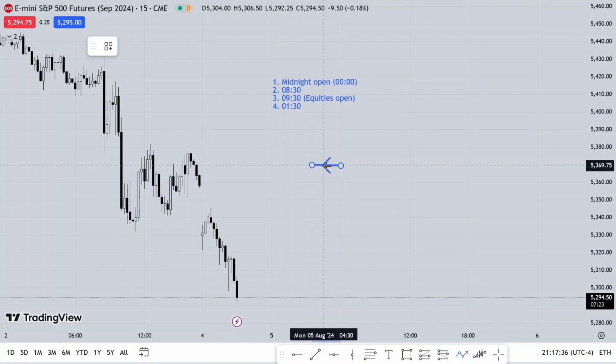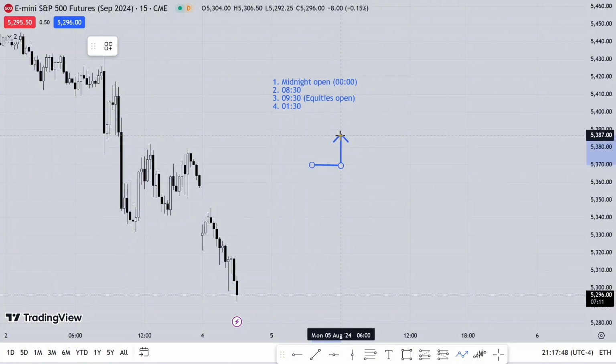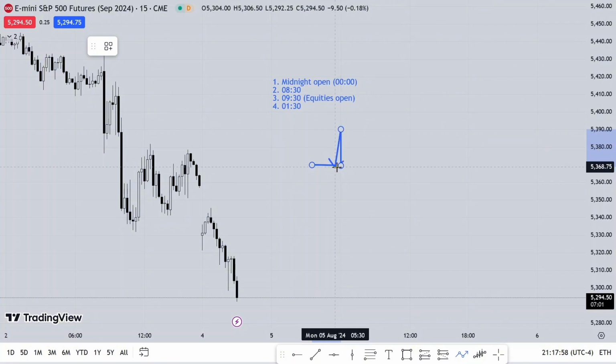So when you have an open here for a bearish candlestick, for bearish intraday price action, when you're expecting expansion to the downside, you're expecting a manipulation leg higher above the opening price. When you get this manipulation leg higher, price will pare up.